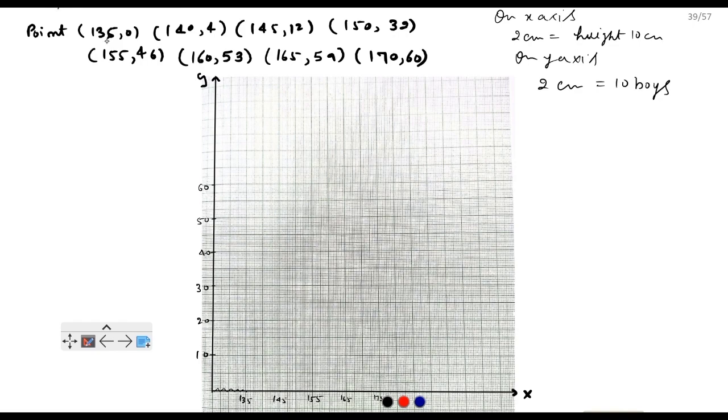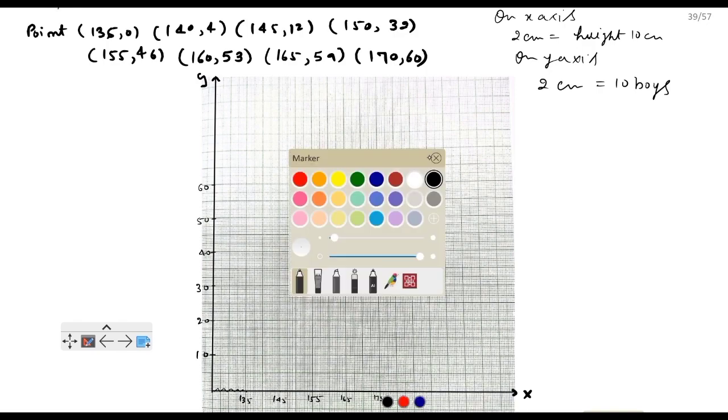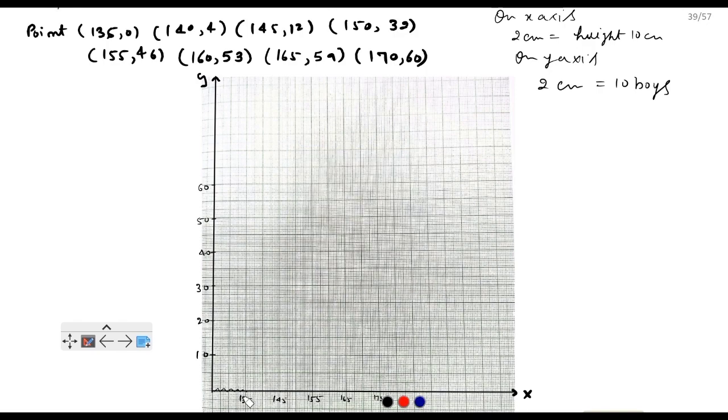Now first point 135, 0. This is our first point. Second 140, 4. 140 will be after 1 centimeter, just middle between 135 and 145. And 4. Look at y-axis. At y-axis this is 5.